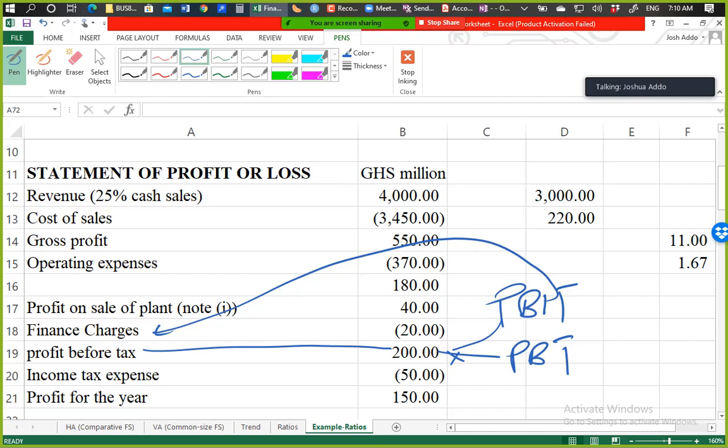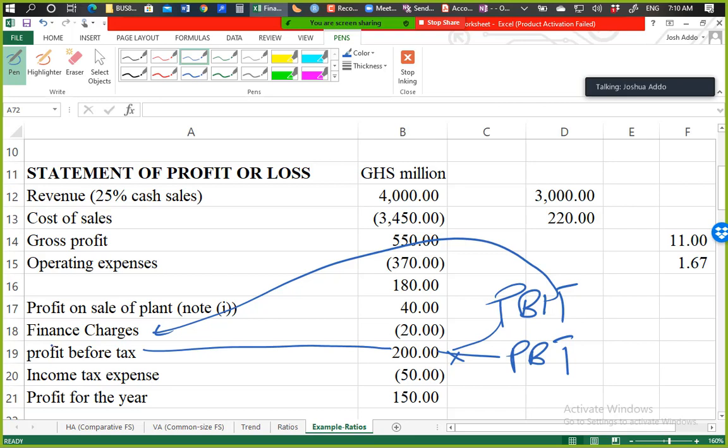Okay, so we want some profit. The profit before we pay interest to those we owe interest, and profit before we pay taxes.